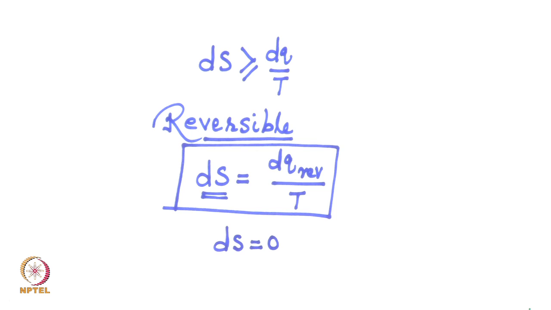For the irreversible process, the entropy change was positive. For the reversible process, the entropy change in the system is equal to 0 under adiabatic conditions. So, that is what I meant by saying that the Clausius inequality quickly gives us qualitative answers to several questions.